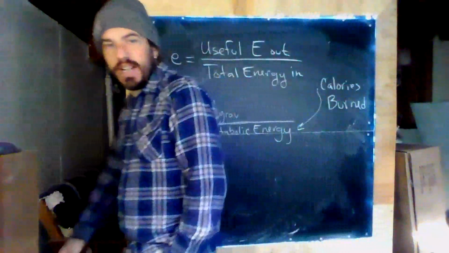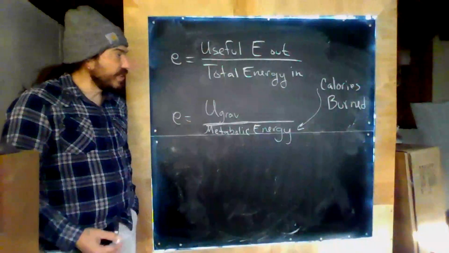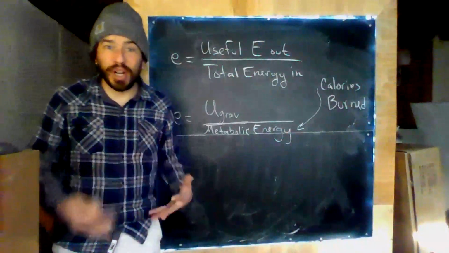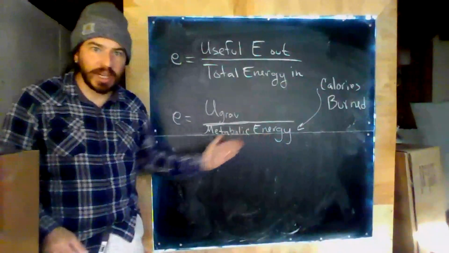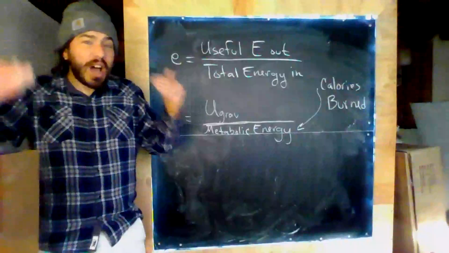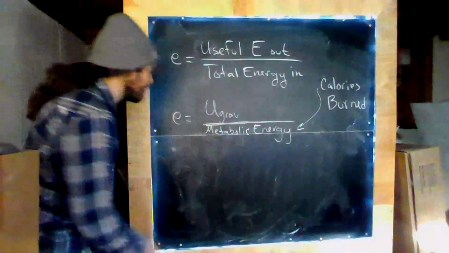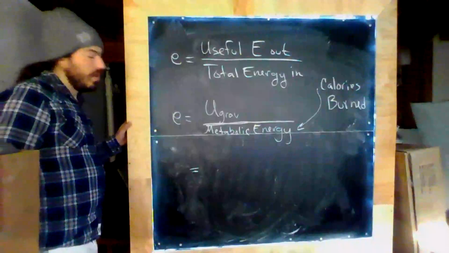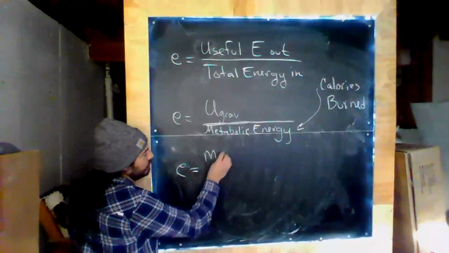And I guess what I mean here is sort of a colloquial use of the word calories, right? This is just how much energy we are burning, right? Now, calories is just a unit, right? So whether it's joules or calories on the bottom here, what I mean is just how much food energy did we burn, right?